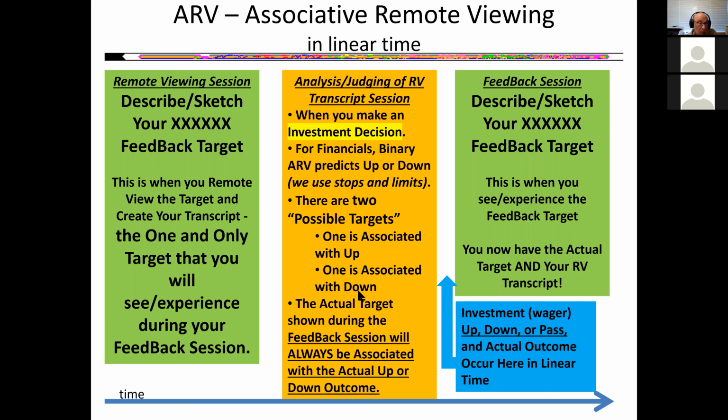And if there isn't, he just passes. But if there's a really good match to one or the other, then he can in fact make a prediction in that direction, and he or somebody else could invest based on that prediction. And then the stock will move, and we will know whether or not it moved in that direction, which would make it a hit or a miss.